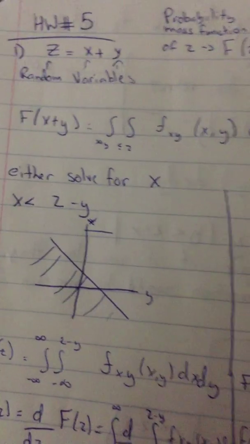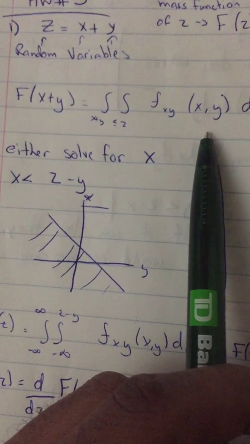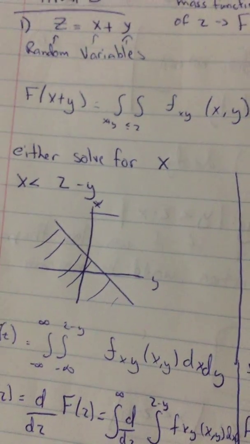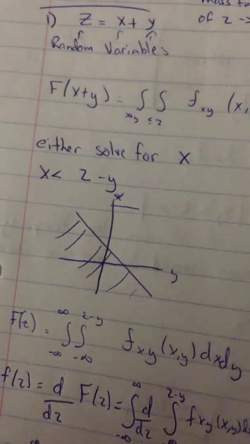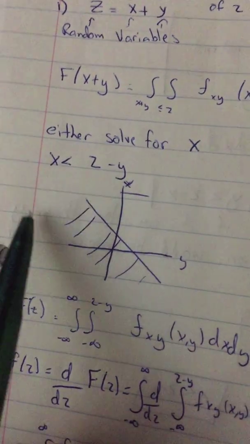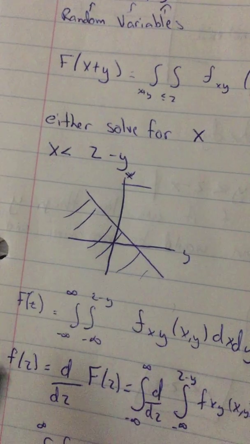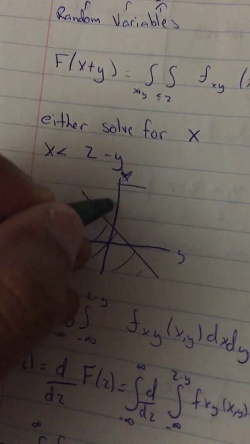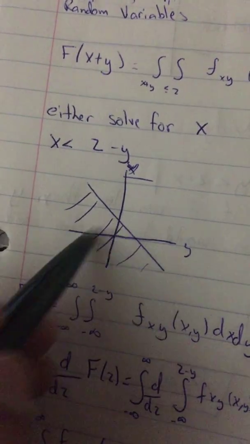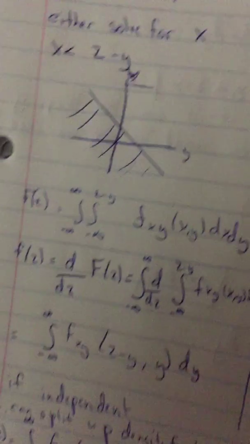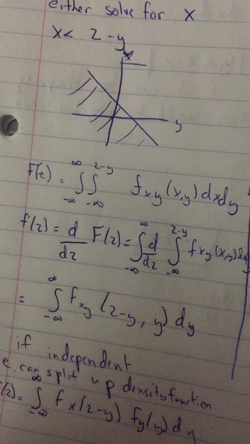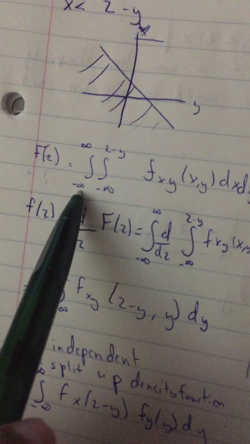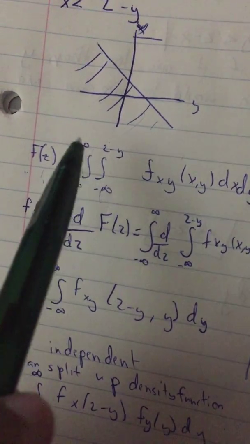So as you can see, this is a function of both X and Y. We can write this in two different ways. First, we can solve for x, so x less than z minus y. In this case, I'm making the x-axis the vertical one, the y the horizontal one. This will be it right here. And the probability mass function, we can write it as F of z equals the integral from negative infinity to infinity, negative infinity to z minus y.